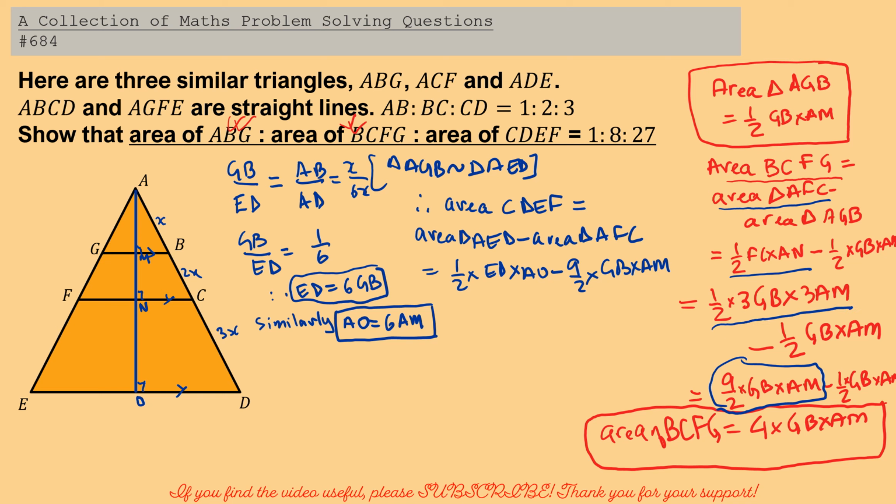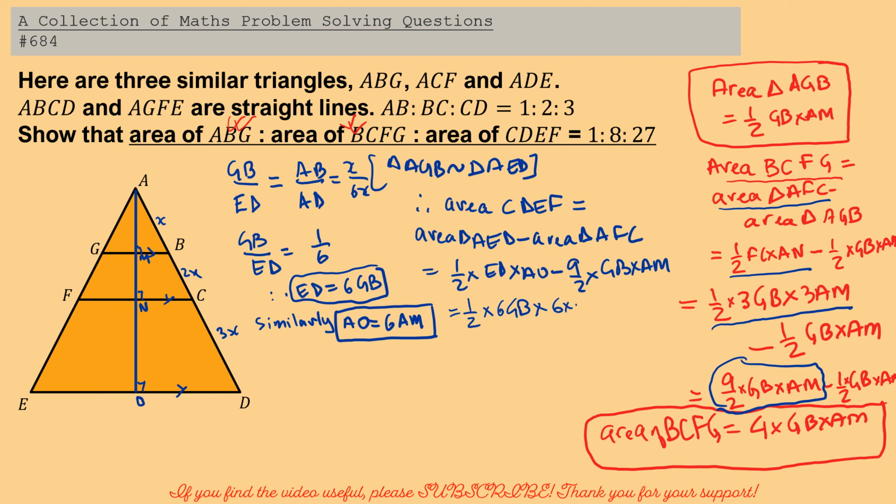Okay, so then we get that would be equals, now the AED we got to simplify, half times ED. So instead of ED I will write 6 times GB times AO.